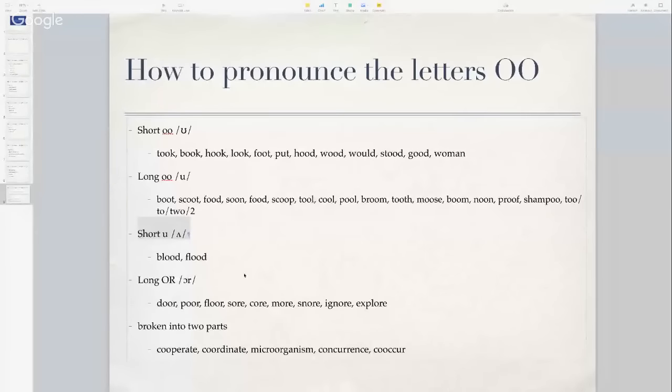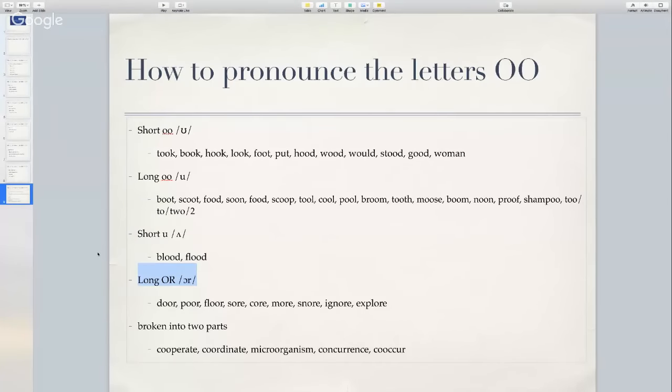And then let's move on to the or. We're on the or down at the bottom here. Repeat after me. Door, pour, floor, sore, core, more, snore, ignore, explore.